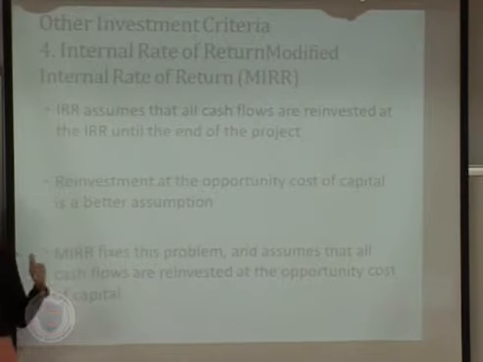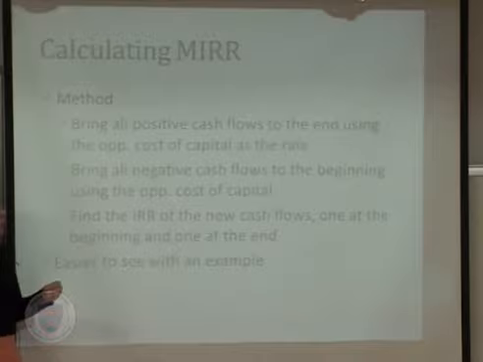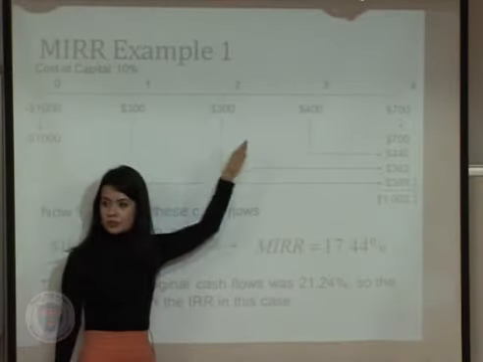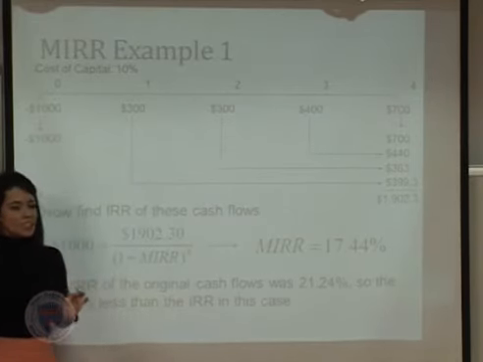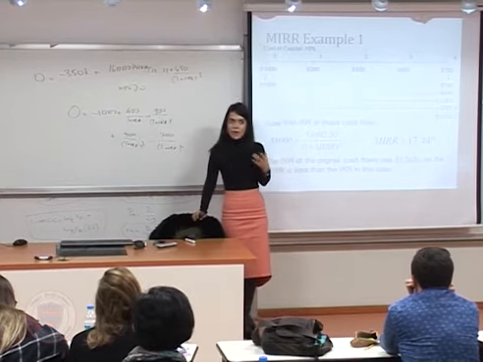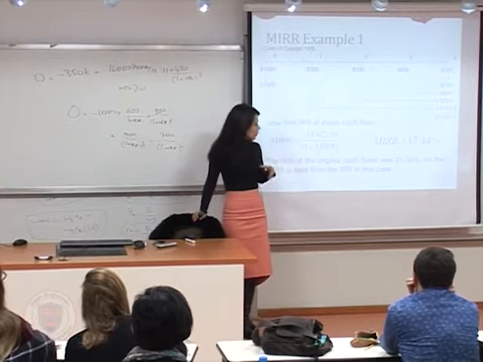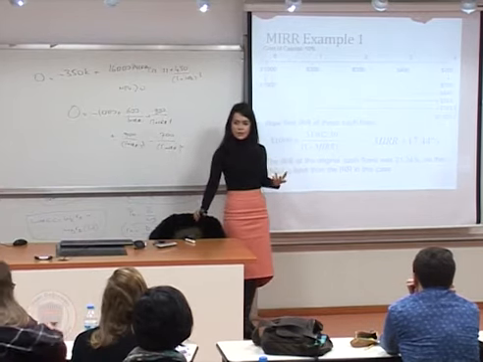So if you calculate IRR as 21%, the IRR rule says you're going to invest all those cash flows at a 21% rate, which is not very realistic. You may not be able to find an investment opportunity with 21% in the economy. So it's not very realistic, basically.